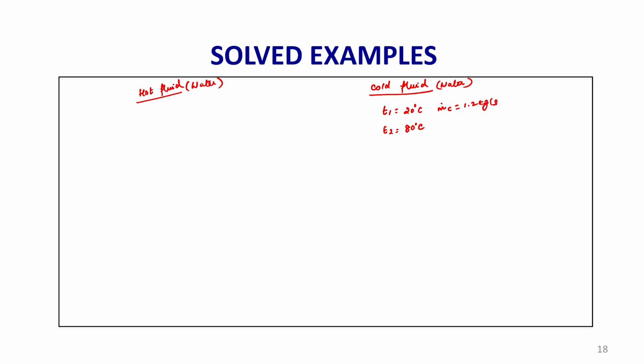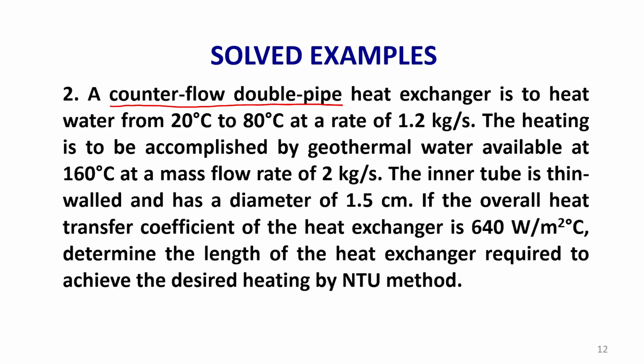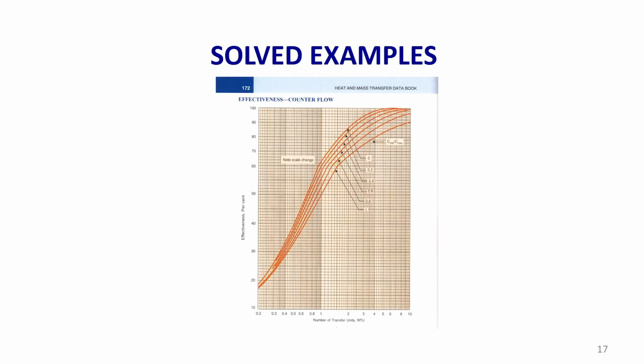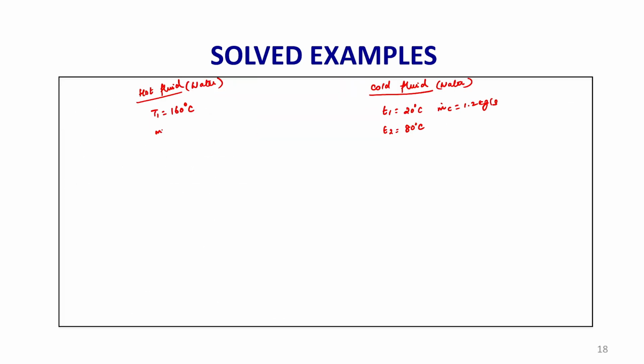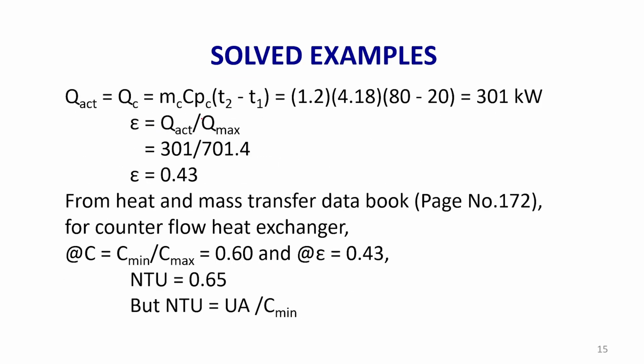Its inlet temperature is given, 160 degrees centigrade, and its flow rate is 2 kg per second. So the mass flow rate of the hot fluid is 2 kg per second.